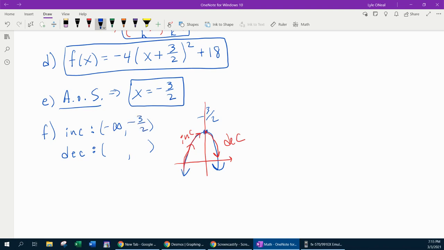And our decreasing is going to be from negative 3/2 to infinity. Don't forget that those have to be written from left to right. Negative infinity to negative 3/2 for the increasing, and then negative 3/2 to infinity for the decreasing.